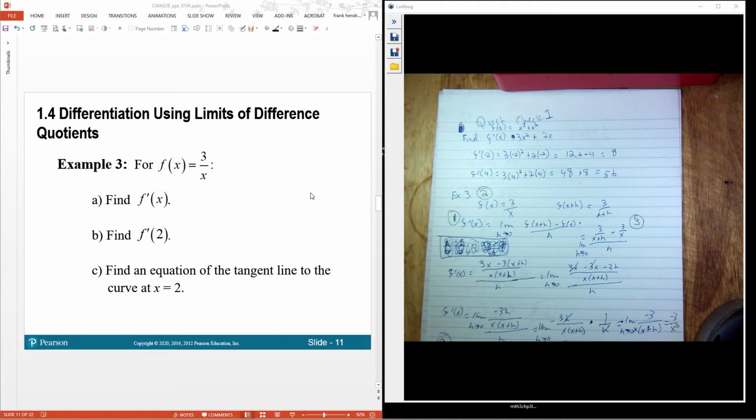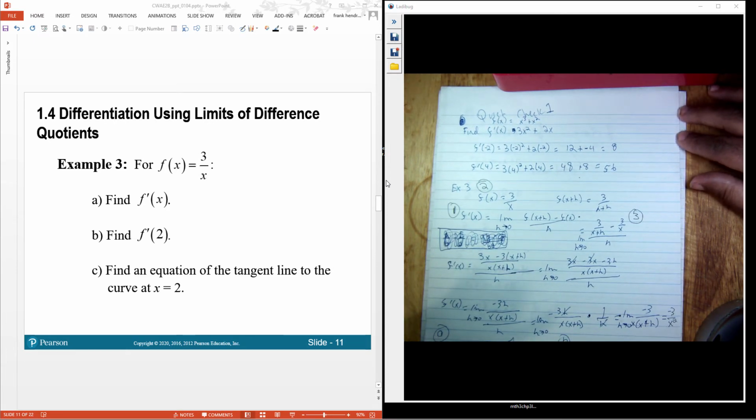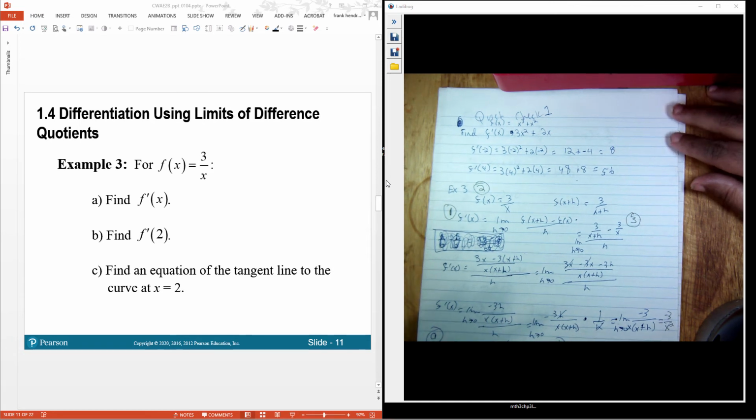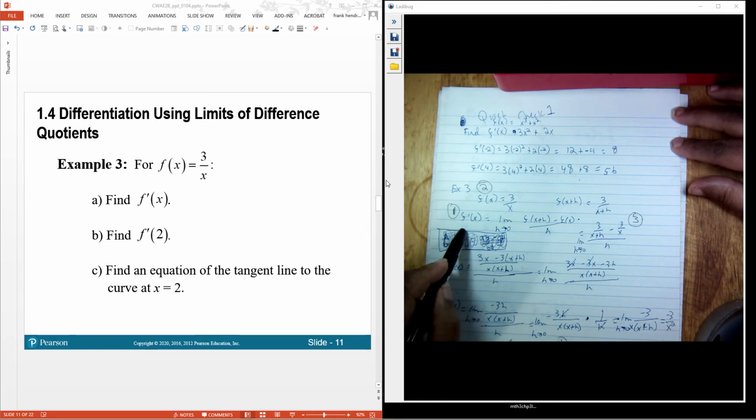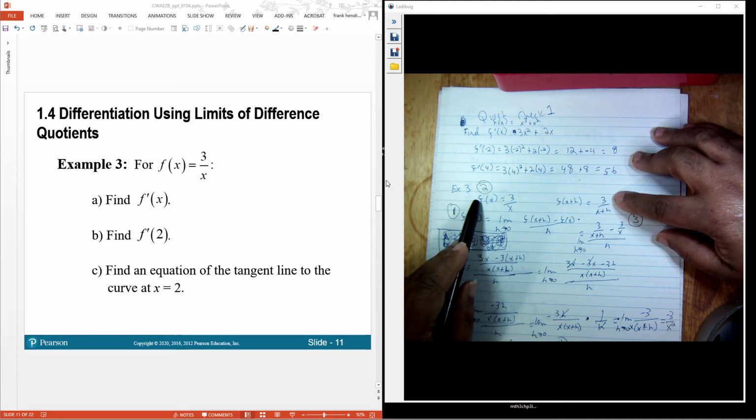They want us to find the derivative of the function and evaluate that derivative at x equal to 2. They want more parts, but we'll just do the first two parts. The first thing I did was write out my formula for the derivative. Second, I assigned values to my variables.